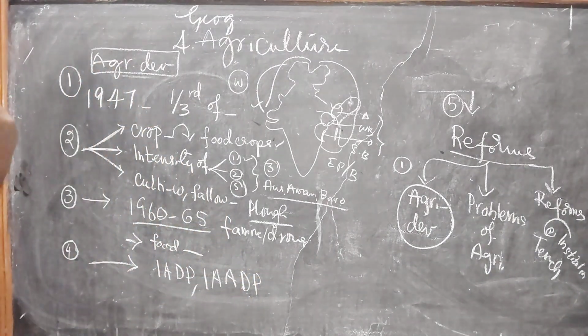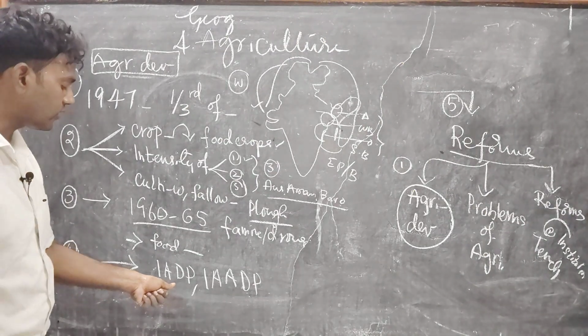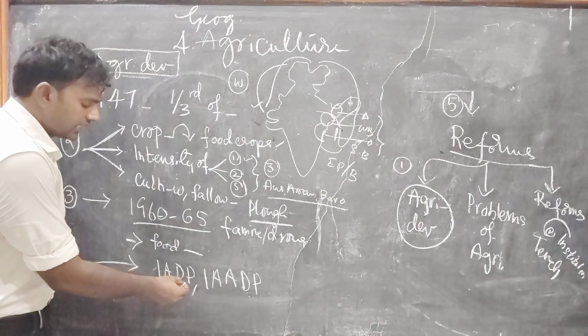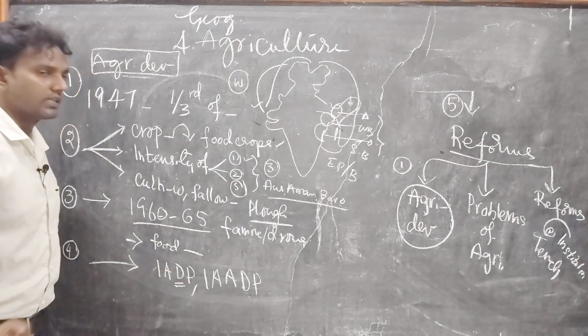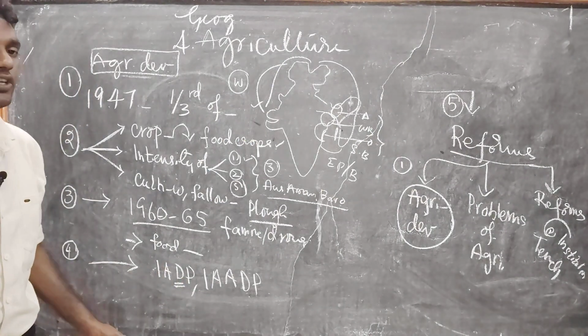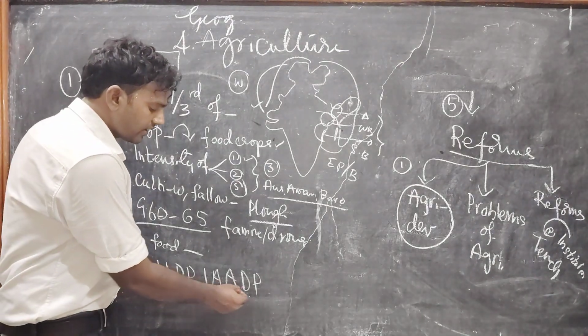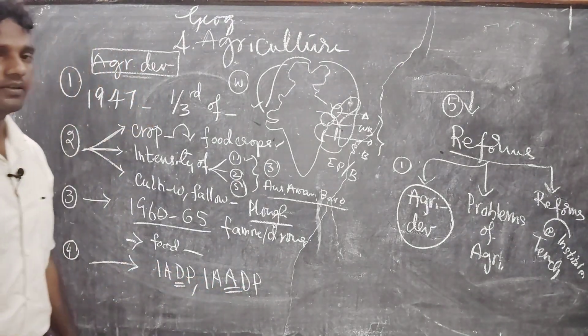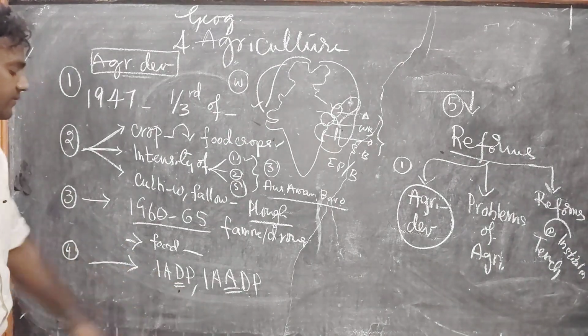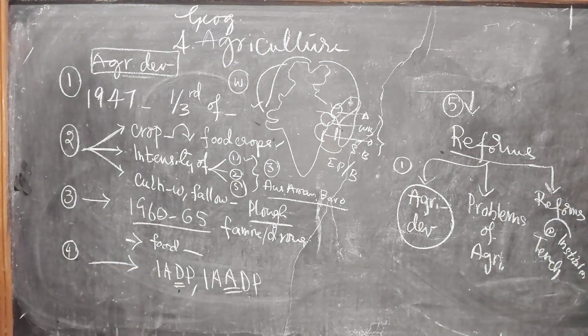So what happened here? We focused on the district as a unit to develop agriculture, and here we have taken the area as a unit. It is smaller than a district, to develop the agricultural land.